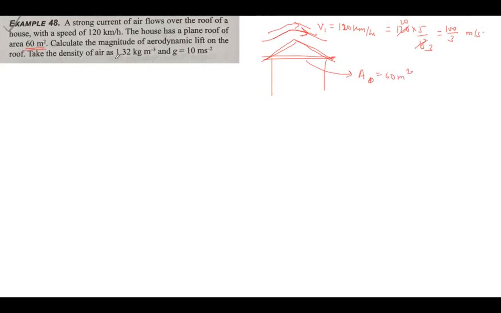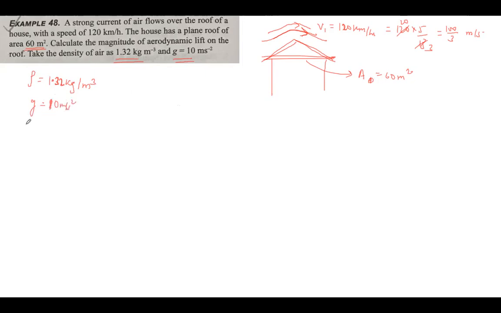Take the density of air as 1.32 kg per meter cube and g equal to 10 meters per second square.